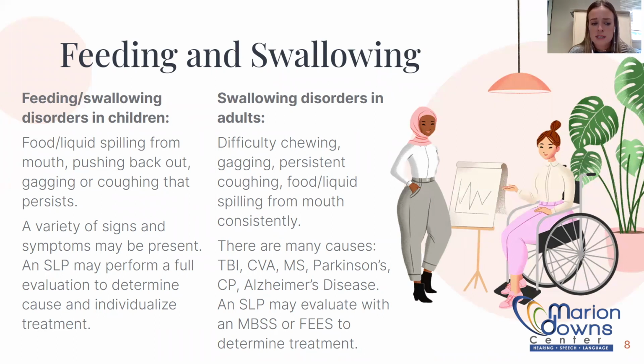There are a variety of signs and symptoms that may be present, and it really requires a full evaluation through observation, different trials of positioning, different trials of liquids, different trials of bottle nipples, depending on if it's an infant. We even see this in older children if they have cerebral palsy or sometimes autism. There are a lot of textural things that children may be averse to, and so some of these feeding and swallowing disorders may be present.